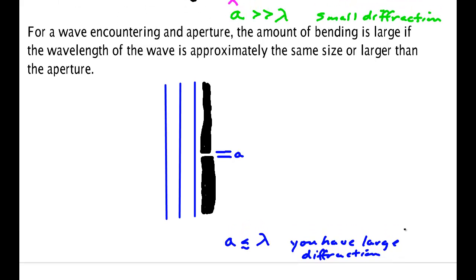So what does this mean? This means that this wave goes into this small gap and it gets stuck, and then it becomes basically a point of spherical waves expanding out from that location. So it gets tied up in here and it starts spreading out.